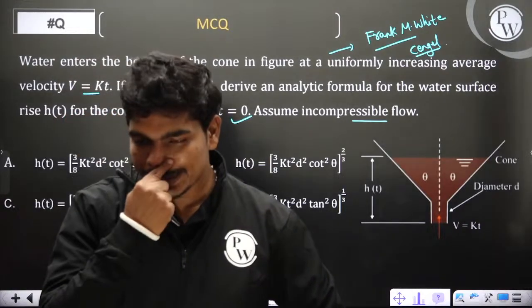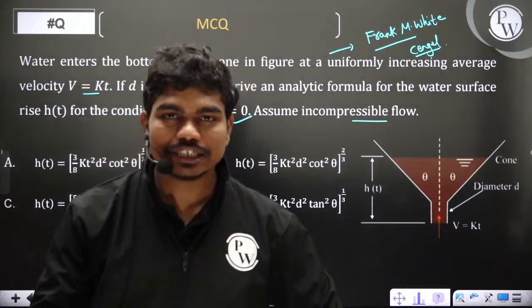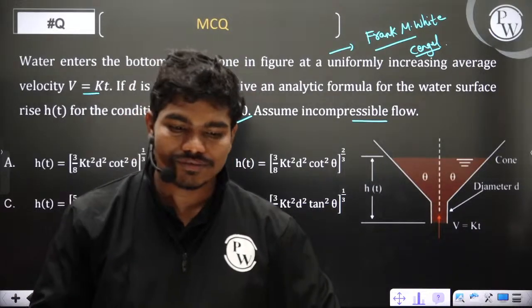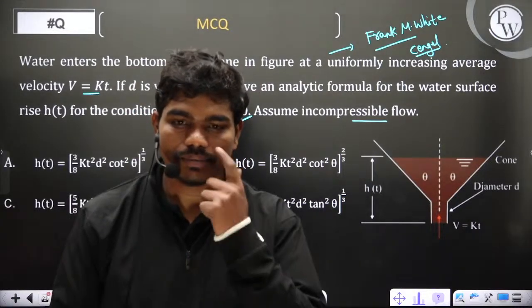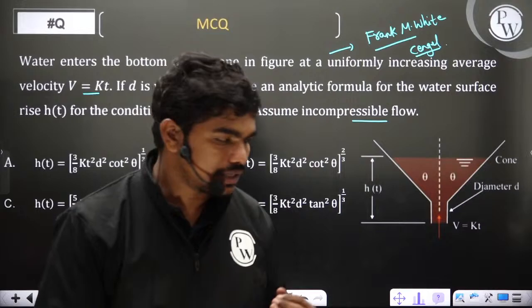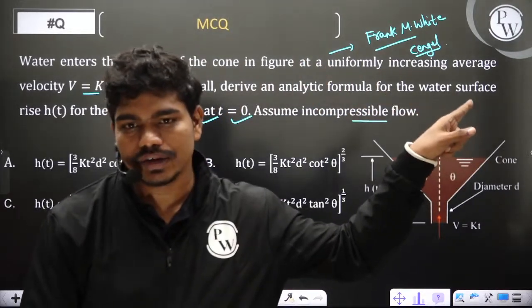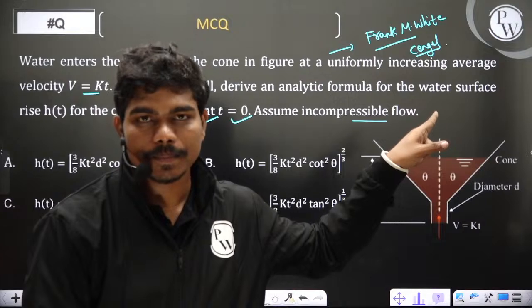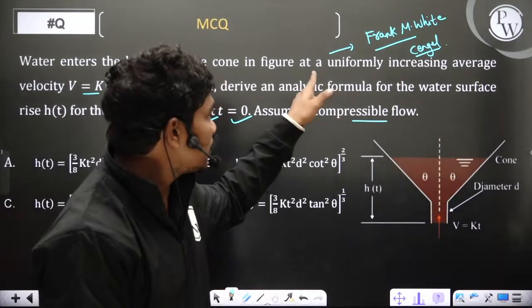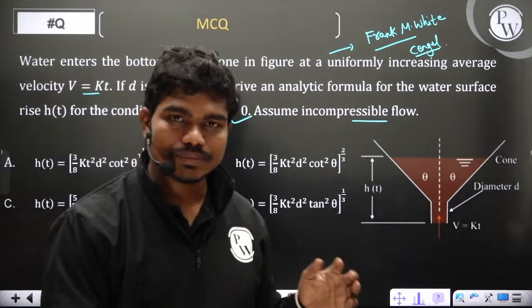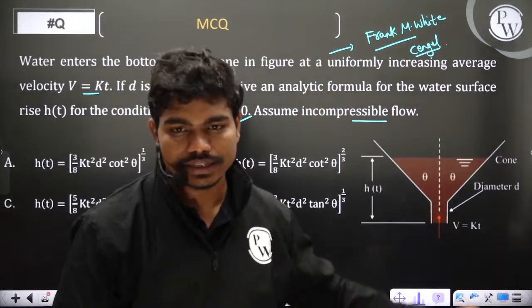Since this is a YouTube class I cannot open the books online, but you can get a soft copy from sources. Does anybody have a hard copy of Frank White? If you have, you can see the many questions. If you see the diagrammatical questions in PYQs, you will see the majority are directly from Frank White. This is also one such question.